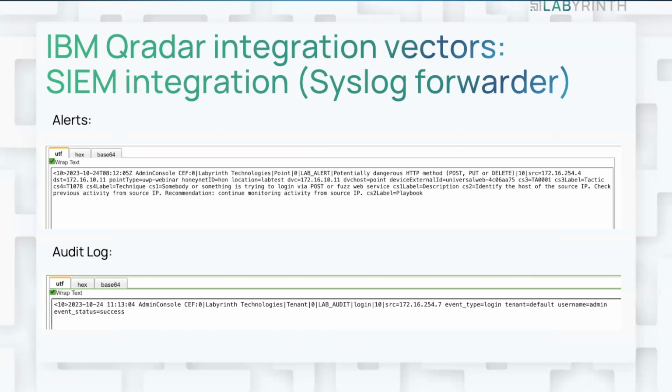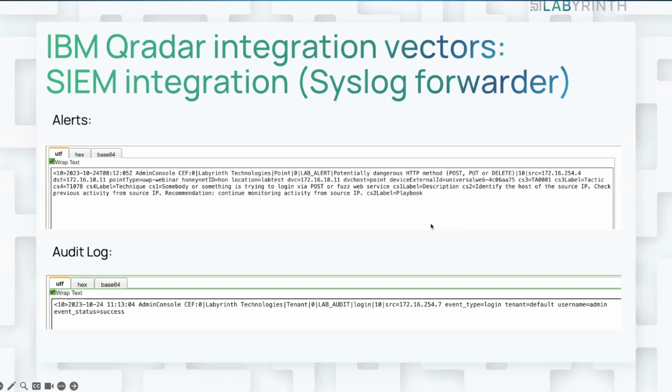As you may remember, Labyrinth is a multi-tenant solution, and everything is being sent in a Common Event Format, or CEF for short. So it's really easy to parse. In addition, we provide our customers with a custom DSM so that you will be able to get everything up and running in no time.